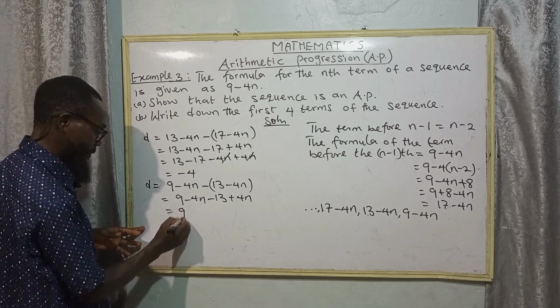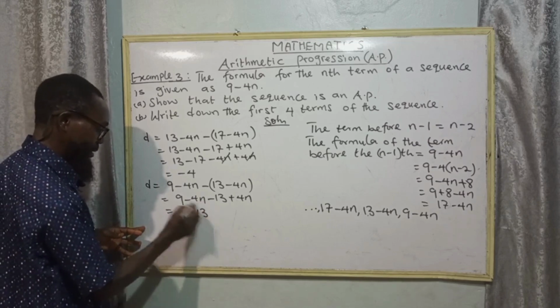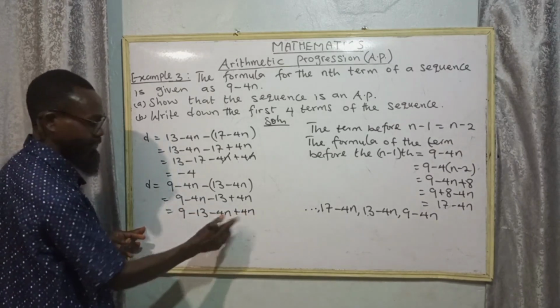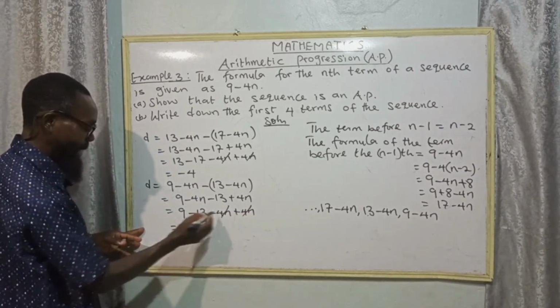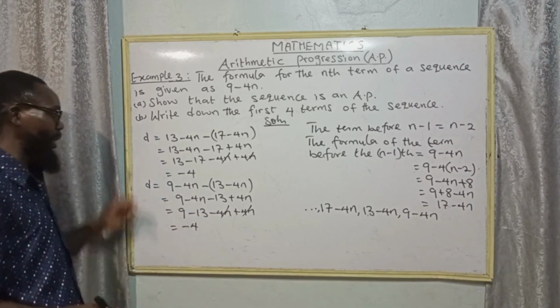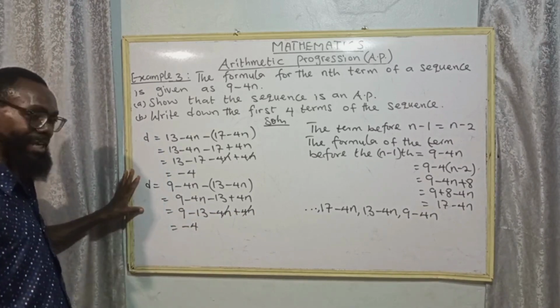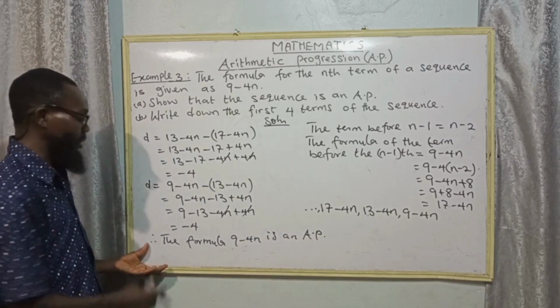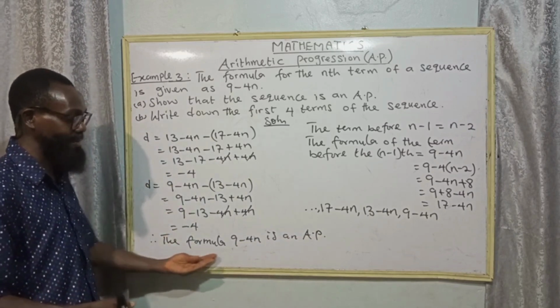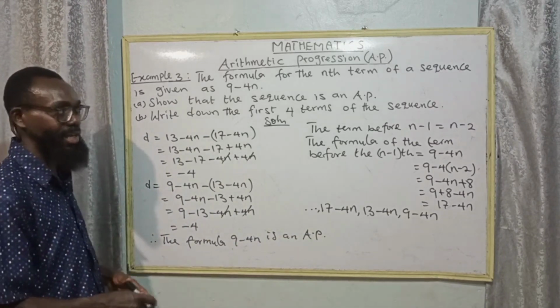I have 9 minus 13 minus 4n plus 4n. Minus 4n plus 4n cancelled. So 9 minus 13, I'm going to have minus 4. Since the common differences are the same, minus 4 and minus 4, therefore the formula 9 minus 4n is an AP.